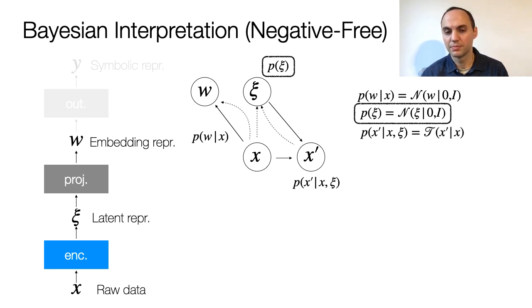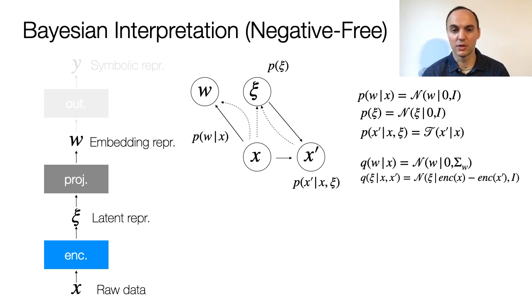Finally, we have the prior over c, the latent representation, which is again a Gaussian distribution. Now we define the auxiliary distributions for the dashed arrows. Q of w given x is a Gaussian distribution with zero mean and a covariance matrix equal to the sample covariance of our embeddings.